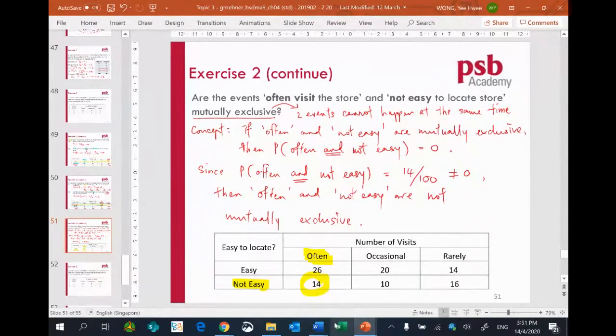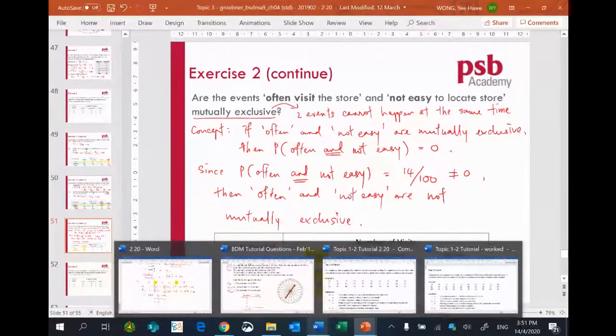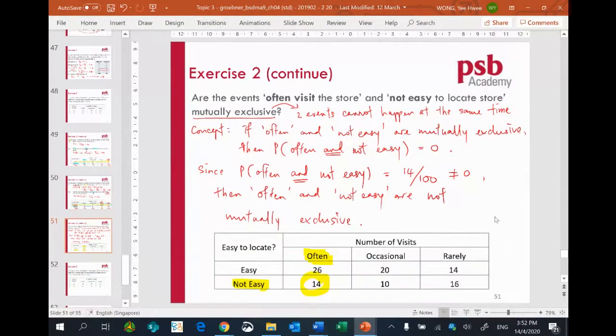Okay, now I go to the tutorial question. If you are done, please look at the tutorial questions for topic 3.